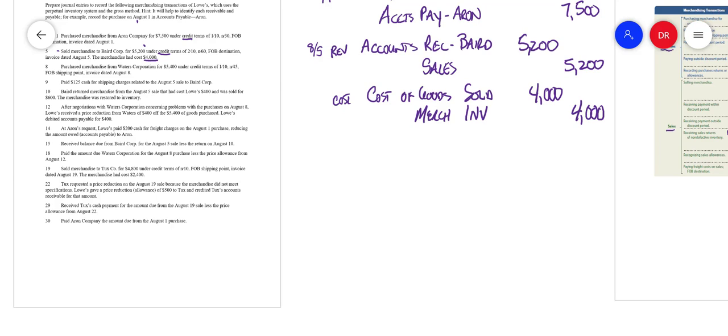Then on the 8th, we purchased merchandise from Waters Corporation for $5,400 under credit terms of 1/10 net 45. So August the 8th, we're buying merchandise for inventory, so the debit is to merchandise inventory.